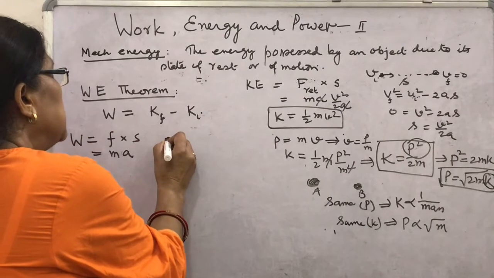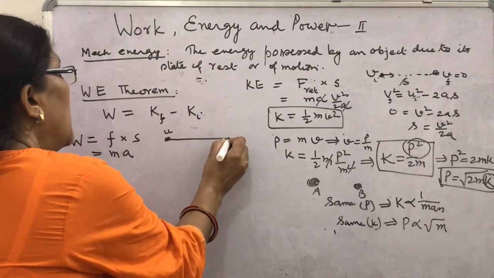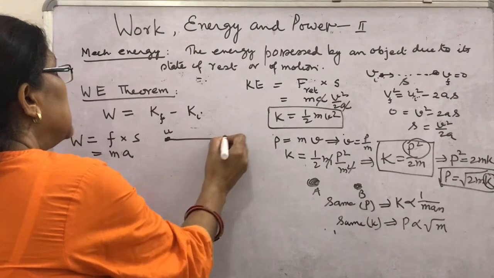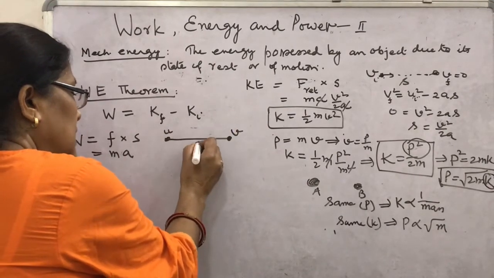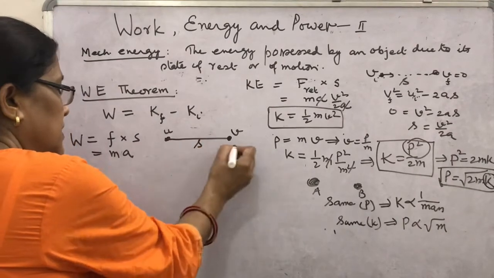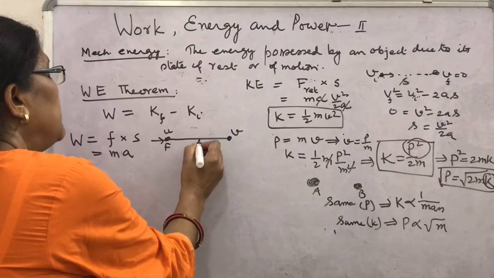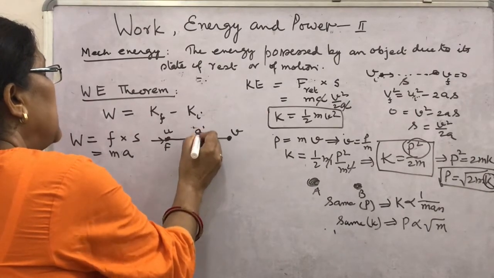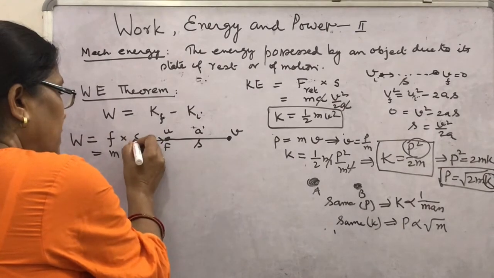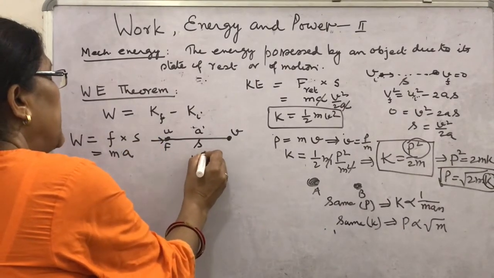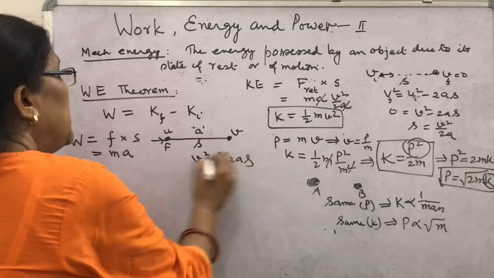Suppose this is the object moving with the velocity u, after certain distance covering, its velocity becomes v, then this displacement covered in the direction if the force applied here is F, then how will you find acceleration A, S, U, V? Then look here, we have to find S. You will apply V square equal to U square plus 2AS.